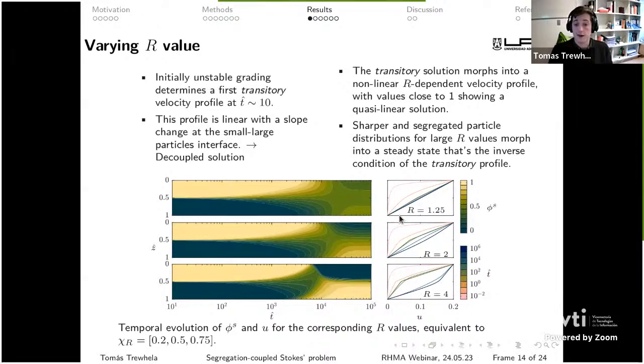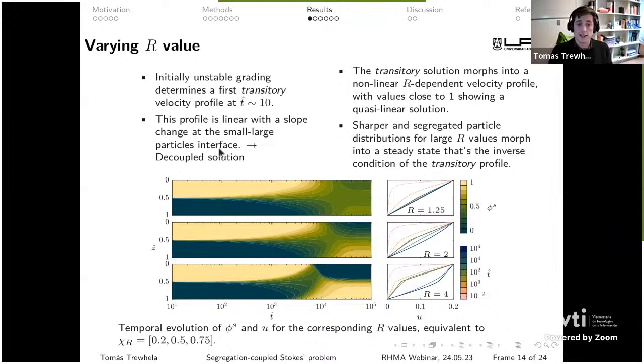The same happens at the very early stages, around this time scale of 10, that produce sharper velocity profiles as R increases. So basically, it is a highly dependent problem. It depends on the size ratio, which is something to be expected.